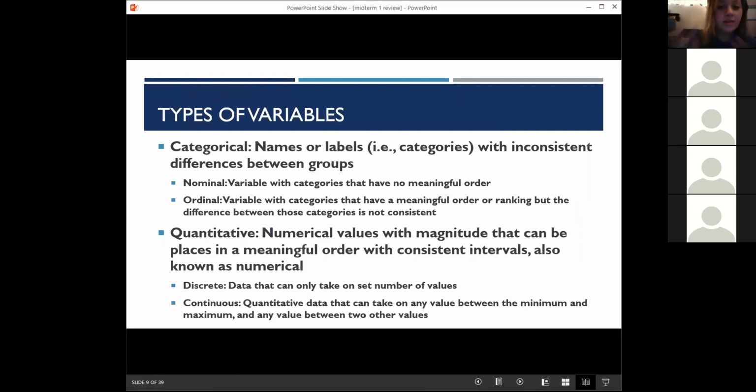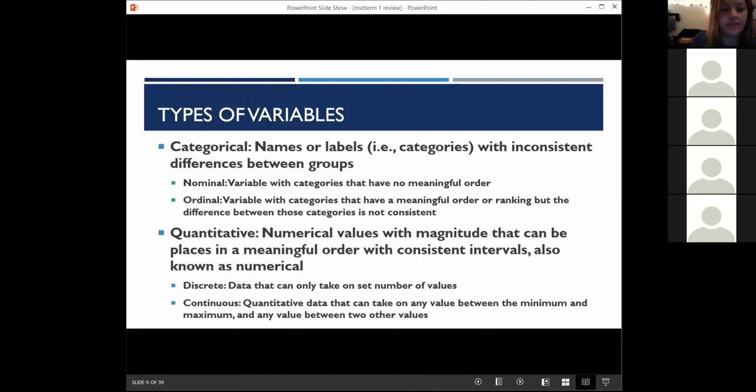Or like that game Concentration 64 where you say category, names. Maybe no one has any idea what that is, but that's something to think about. It has a name to it. It doesn't have consistent differences between the groups because they are labels or names.